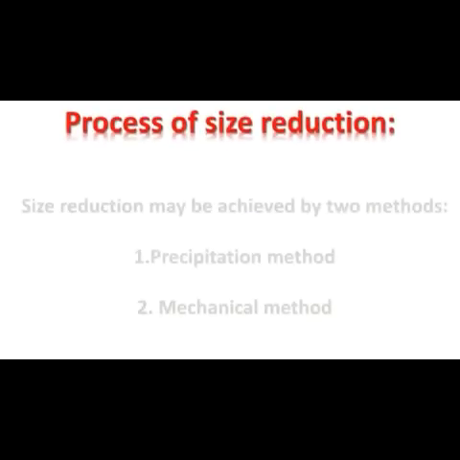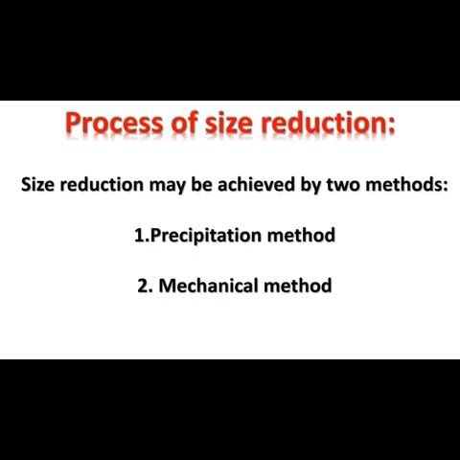And the last mechanism method is impact and attrition, and the common equipment for impact and attrition is ball mill, fluid energy mill, and the approximate particle size for impact and attrition is 1 to 2000 micron.